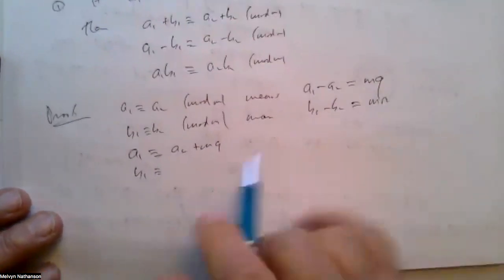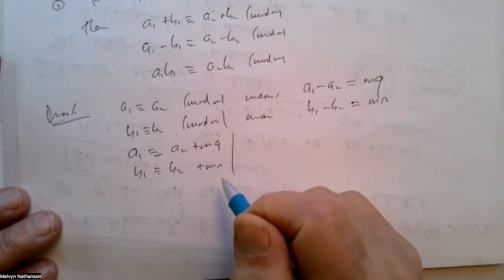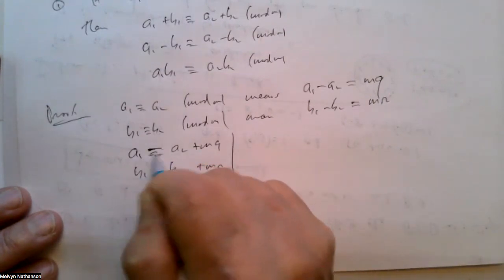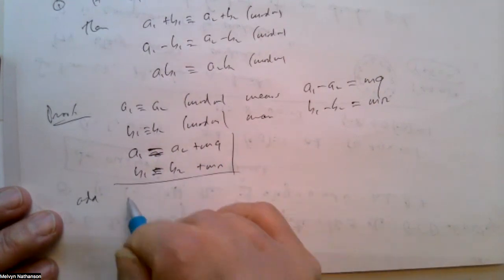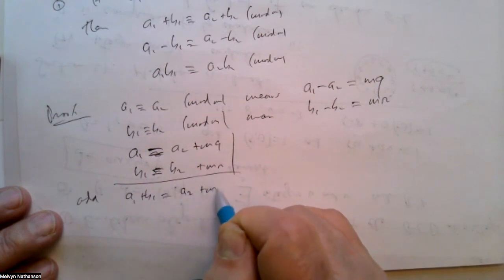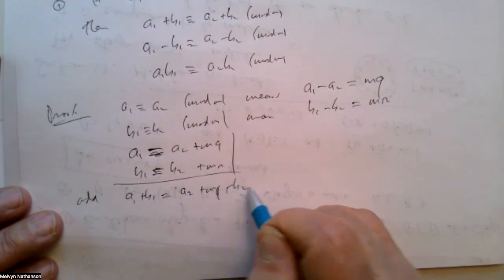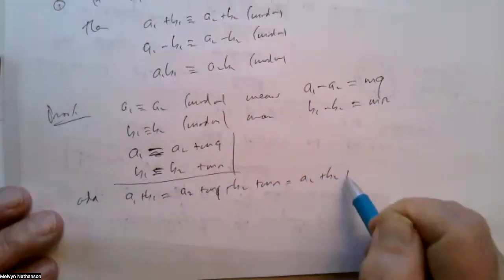B1 is B2 plus MR. If I add, so these are equations, not congruences, I get A1 plus B1 equals A2 plus MQ plus B2 plus MR. That's A2 plus B2.